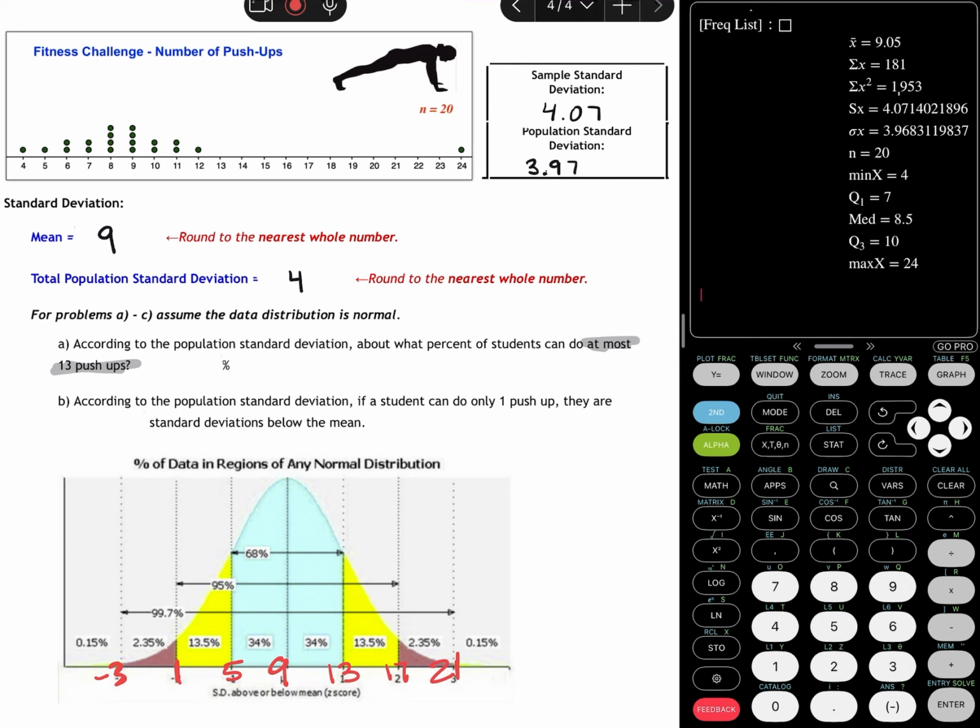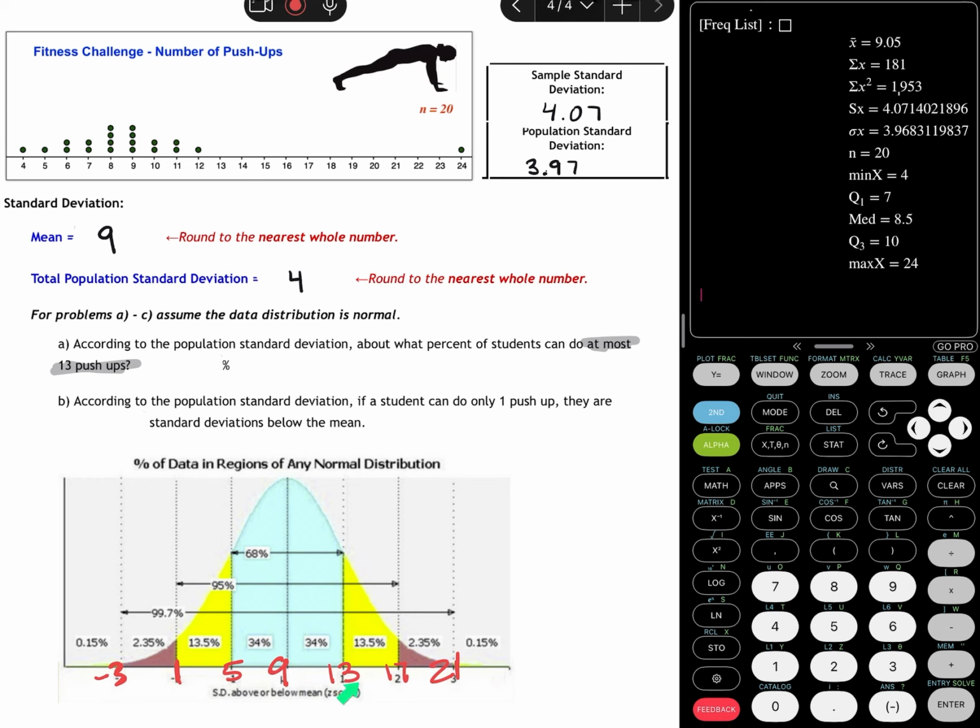That means you're going to add up all of the push-ups that are less than 13. And you can see 13 down here. So you add up all of these percents. So these percents match up, or what that means is what percent of the population can do between 5 and 9. Apparently 34%. What percent can do between 9 and 13? That's apparently also 34%. That's what this normal distribution tells us.